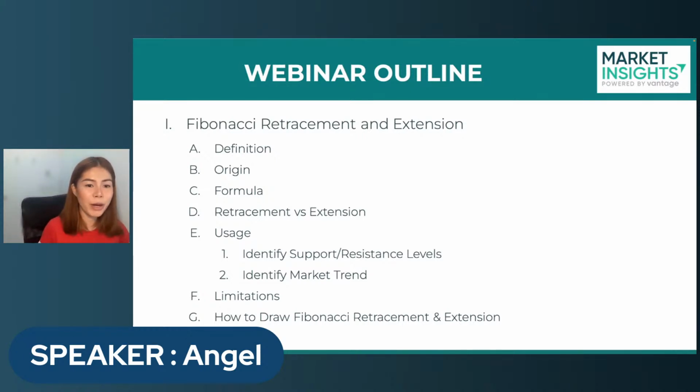This is all about Fibonacci retracement and extension. We're gonna discuss the definition, the origin of the technical indicator, how we compute the formula, retracement versus extension, how we use Fibonacci retracement and extension, limitations, and of course how to draw our Fibonacci retracement and extension. So without further ado, let's begin.